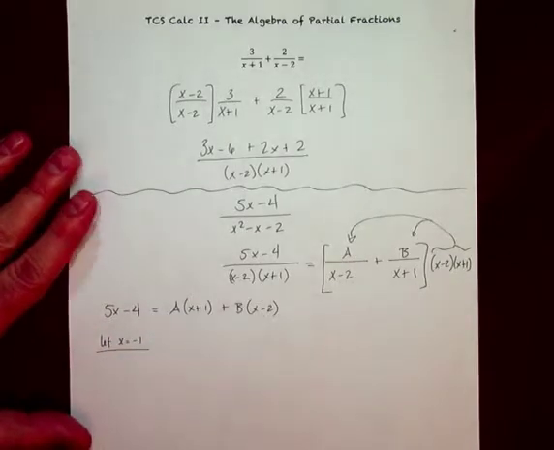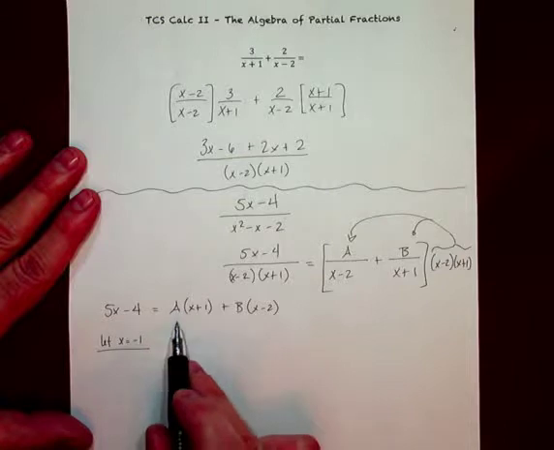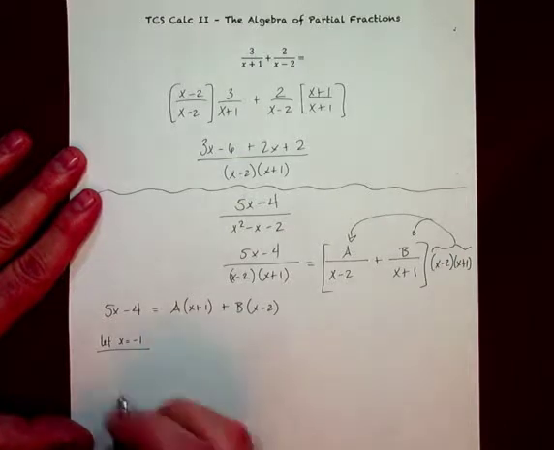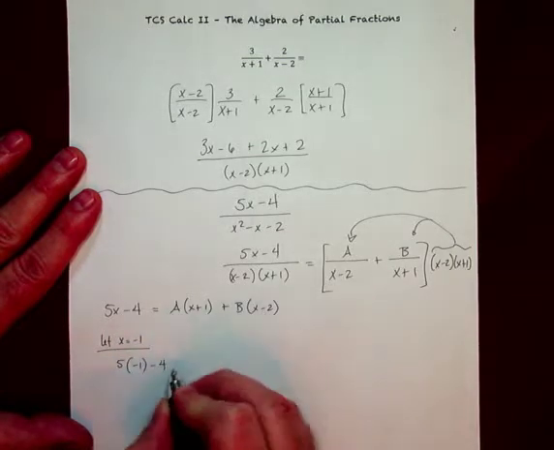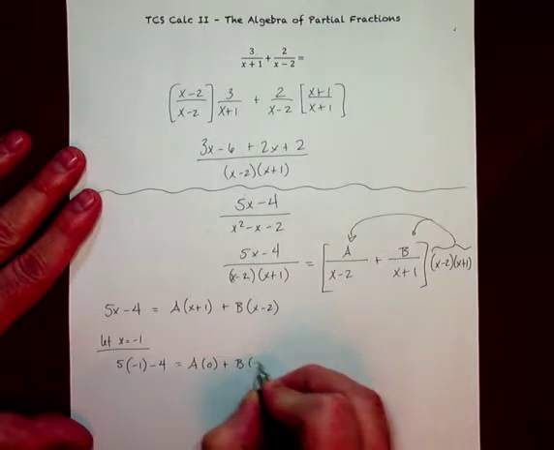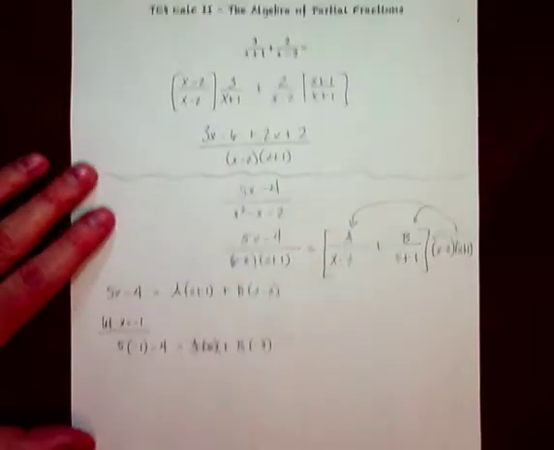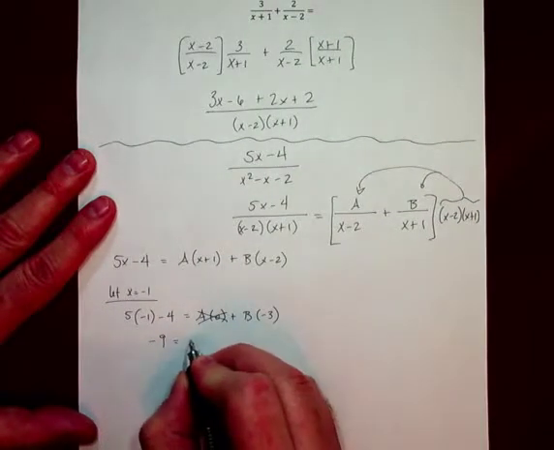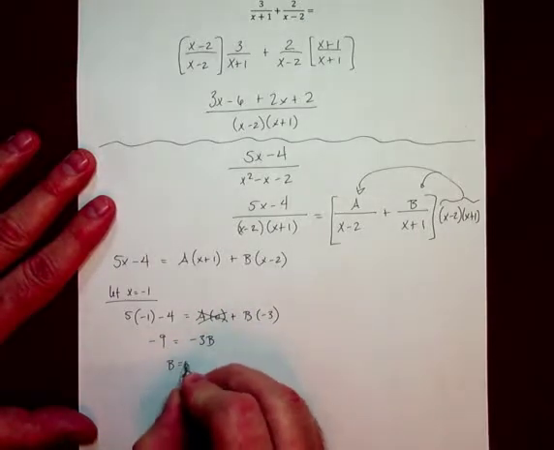Because if x is equal to negative 1, I don't get an equation in terms of A and B. I get an equation only in terms of B, right? So this winds up being 5 times negative 1 minus 4 is equal to A times 0 plus B times negative 3. Well, that goes bye-bye. That was kind of the point, okay? So we get negative 9 is equal to negative 3B, and B is equal to 3.